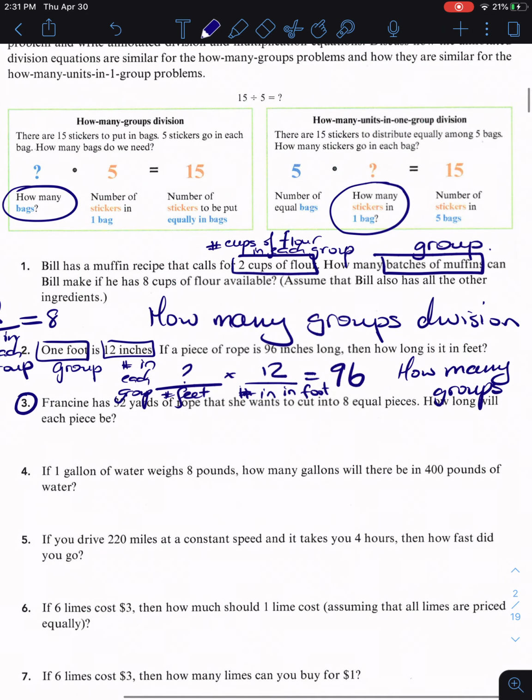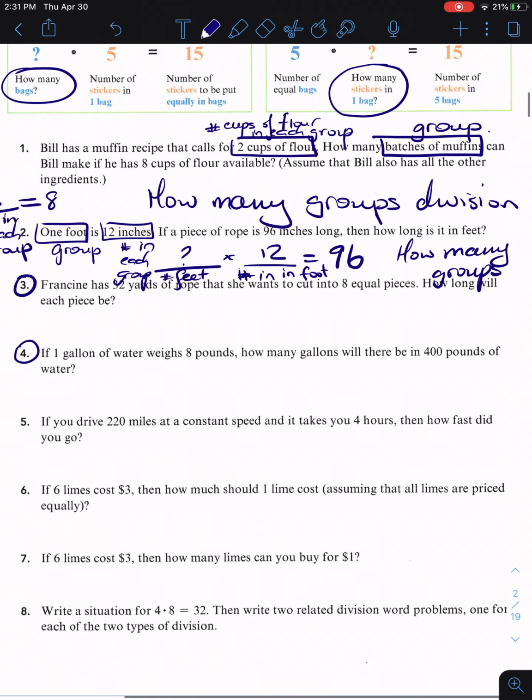I'll leave number 3 for you, and number 4. And let's look at number 5. If you drive 220 miles at a constant speed and it takes you 4 hours, then how fast did you go? 220 miles total, and it took you 4 hours at some kind of speed, so 4 hours at some kind of miles per hour.